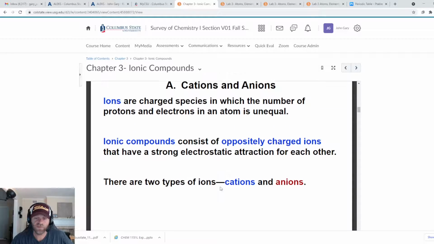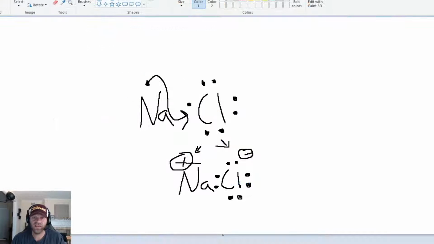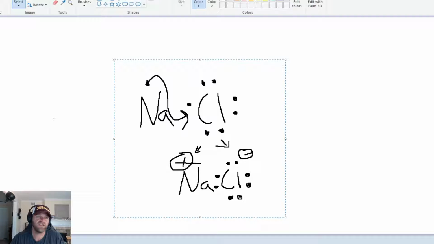Okay, ions, when we talk about ions, ions just mean that they're charged, okay? Anything that has given up or accepted an extra electron has become an ion. So back to my little paint program here. We said Mg earlier.